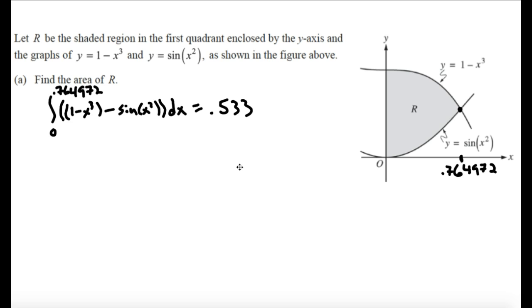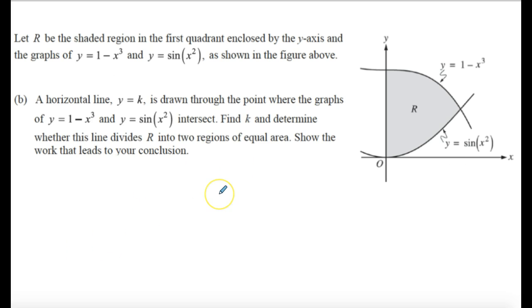Part B then says a horizontal line, y equals k, is drawn through the point where the graphs intersect. So that's saying I'm drawing a horizontal line right through here. I want to find k and determine whether this line divides R into two regions of equal area. Show the work that leads to your conclusion. Well, we found this point of intersection.